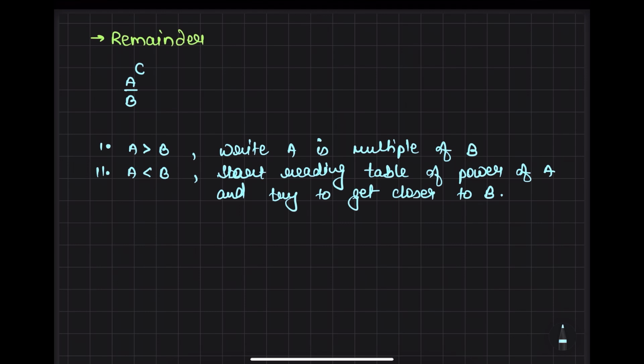We will start reading the table of powers of a, meaning a power 1, a power 2, a power 3, a power 4, a power 5, this way, and we will try to get closer to b, and then we will expand the binomial to find out its remainder.